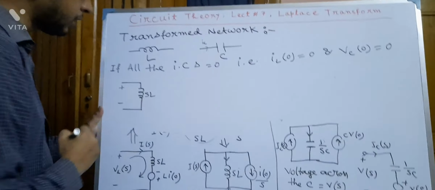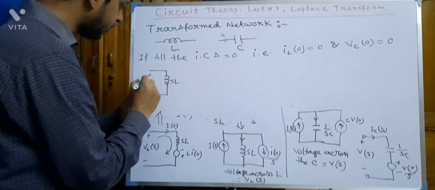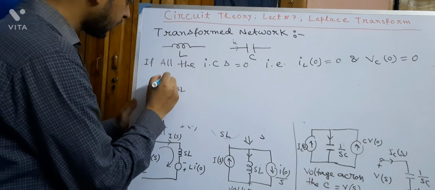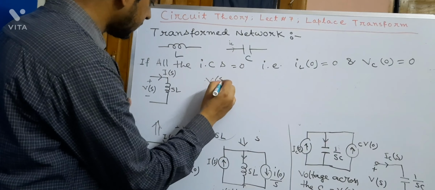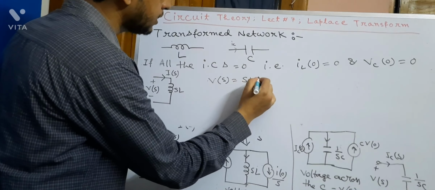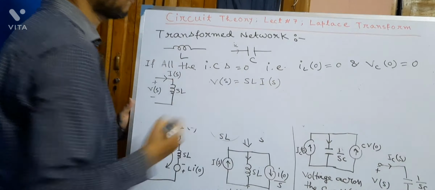This is SL, and if this is V and this is I, so Vs equals SL into IS.